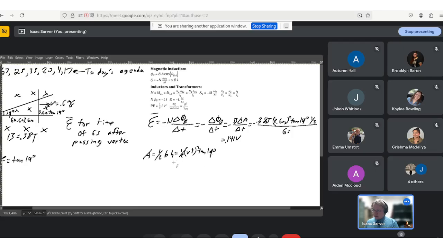So we'll have some constants and a time squared: 1/2 v squared tan 19 degrees times t squared.